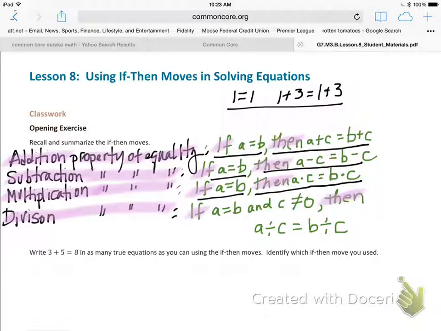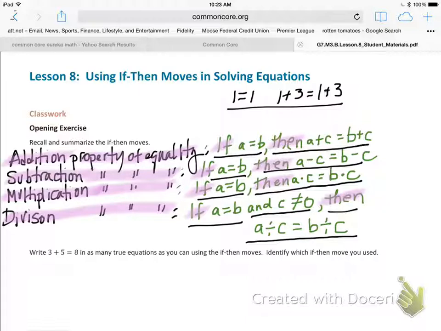One little difference with division, there's another parameter that you have to put into play. If A equals B and C is not equal to 0, because we cannot have a divisor equal to 0, then A divided by C equals B divided by C. So that is a very important second criterion for the division property of equality.